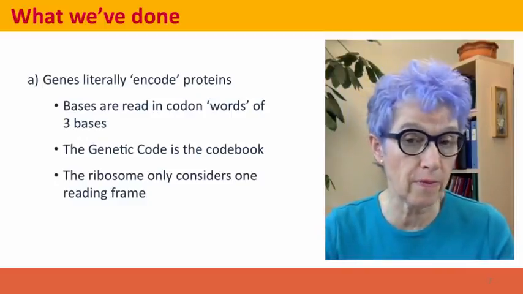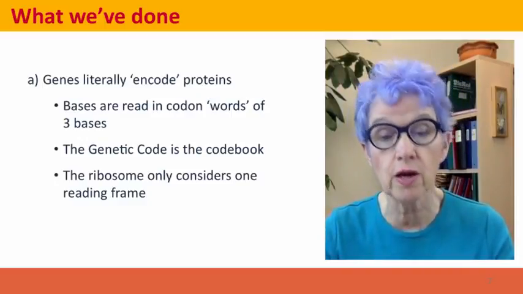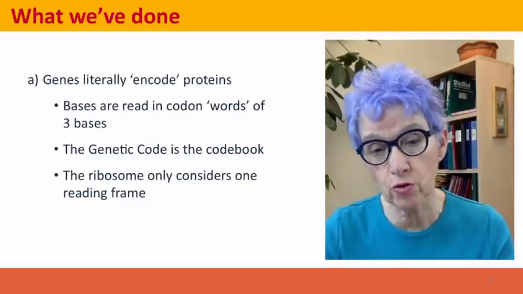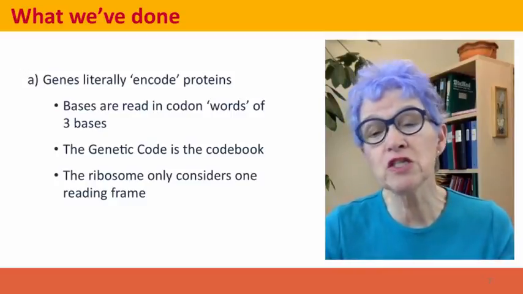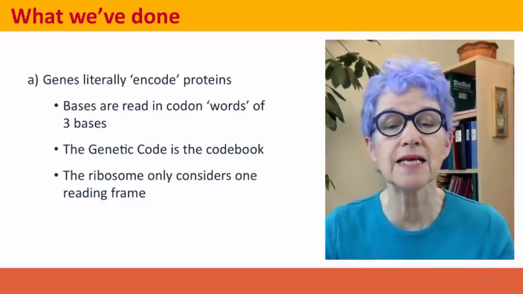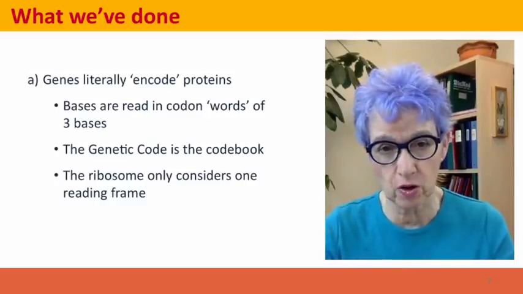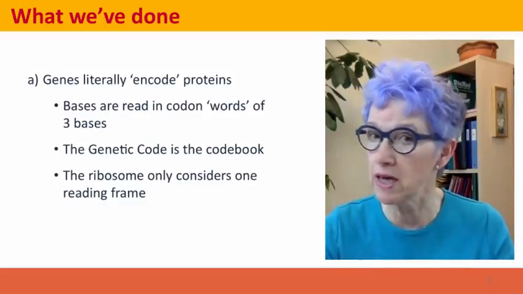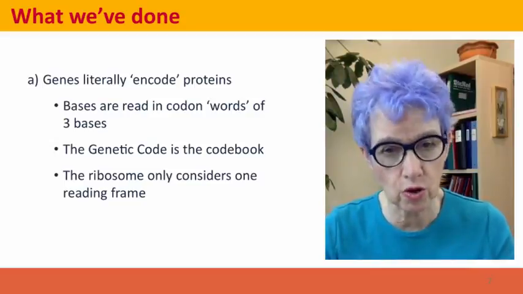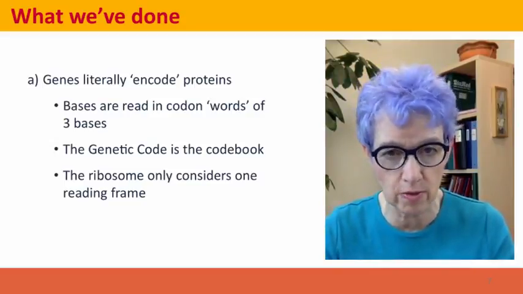We'll talk later about how geneticists use the code book, but to a cell, the code book is physically instantiated in the transfer RNA molecules that bring the amino acids to the codons of the messenger RNA in the ribosome.